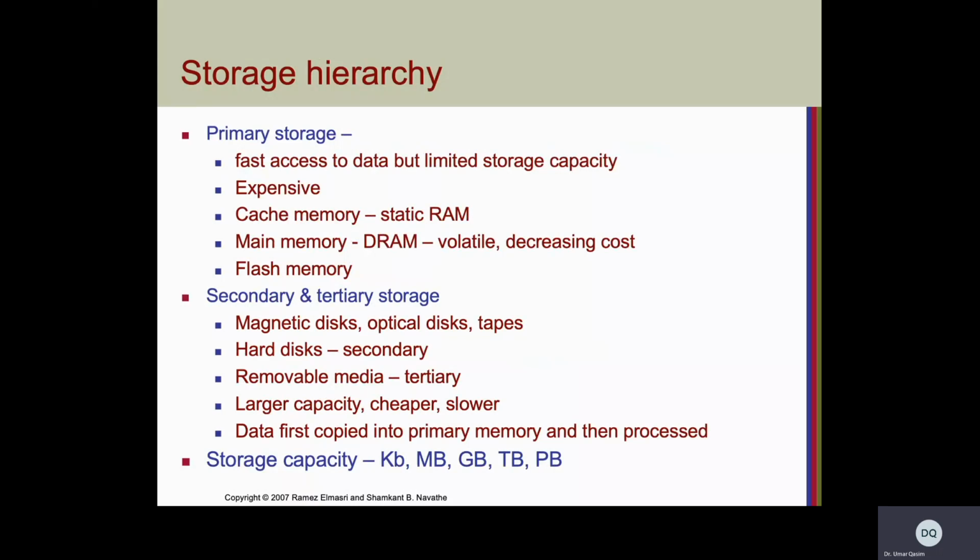Hard disks are now coming in 8 terabytes and 16 terabytes, and so far we do not think about having that much RAM in our computer. So first the data gets copied into the primary memory, and then it is processed and goes into one of your secondary memory devices, whether hard disk, tapes or optical discs, and gets stored there.